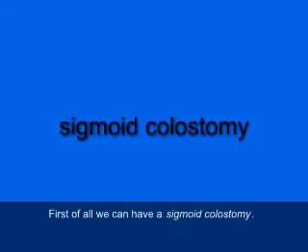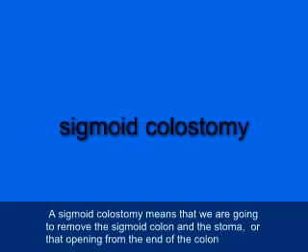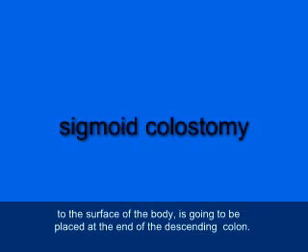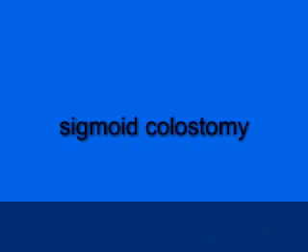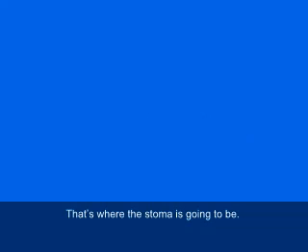A sigmoid colostomy means that we're going to remove the sigmoid colon and the stoma, or that opening from the end of the colon to the surface of the body, is going to be placed at the end of the descending colon. From the descending colon downward is removed. So the colon basically is going to end after the descending colon. So that's where the stoma is going to be.